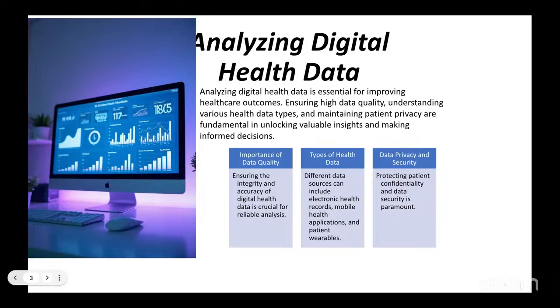And the types of data may also vary. I believe we are working on different kinds of programs, different kinds of projects. So that means we are analyzing different types of data sets. So you have the data from, let's say, the electronic medical records. You have the data coming through from the DHIS2.